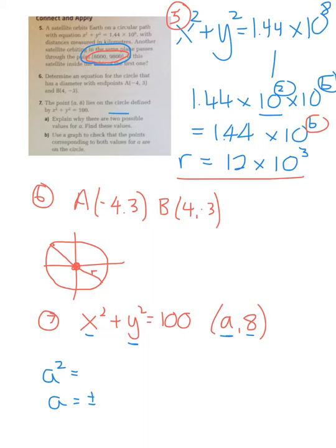It says explain why there are 2 possible values, because you're going to get a plus and a minus. So I want you to do questions 5, 6, 7 in class, and that should get you to the end of class.